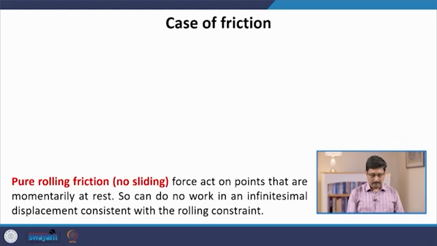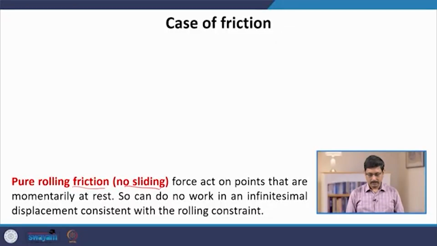Now, rolling friction is okay. If this is the pen, this is a rolling motion. Rolling friction without any sliding is okay, because in the case of pure rolling without sliding, the points of contact are by definition at rest momentarily.